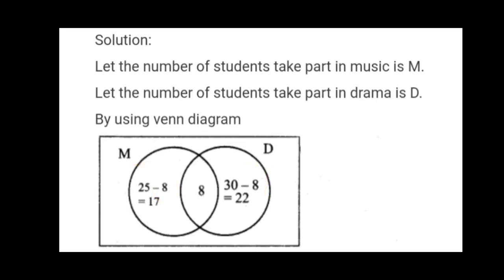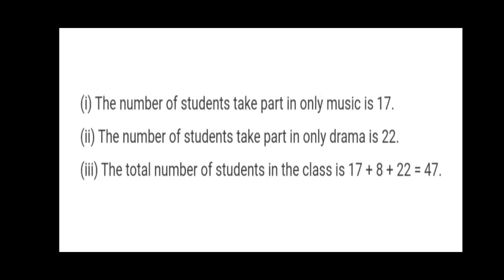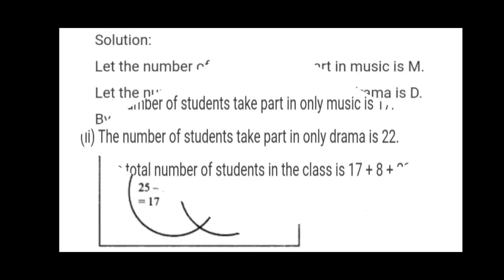So the number of students who take part in music only is 17, and drama only is 22. And when we add all these three values, we will get the total number of students, that is only music, only drama, and both music and drama, because all the students take part in at least one.